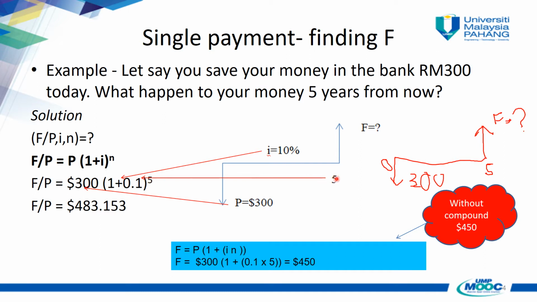So finding your future value when you know the P is equivalent to 300 multiplied by (1 plus 0.1) to the power of 5 years. You'll see that your money will become 483 ringgit.